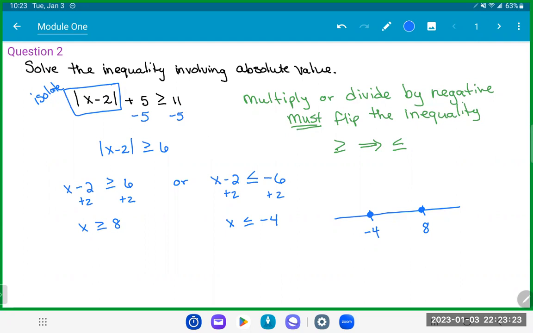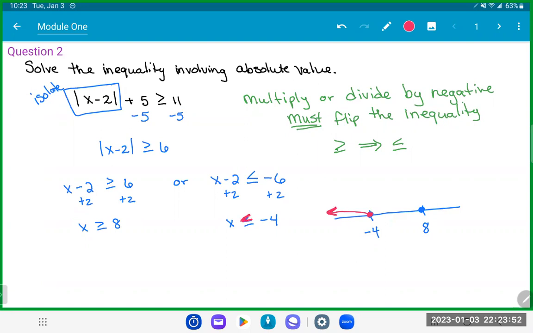Now, the other thing I want to point out is that this arrow tells me the direction of the solution. This is telling me -4 is a part of the solution and everything this way. Notice that this arrow matches with this arrow.